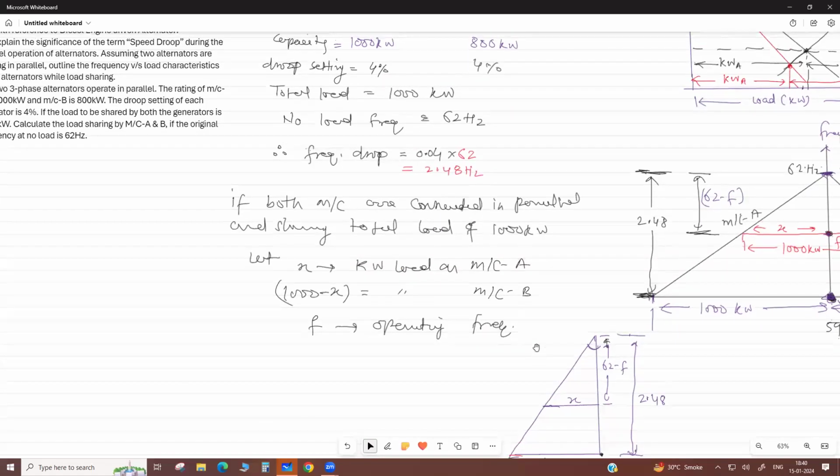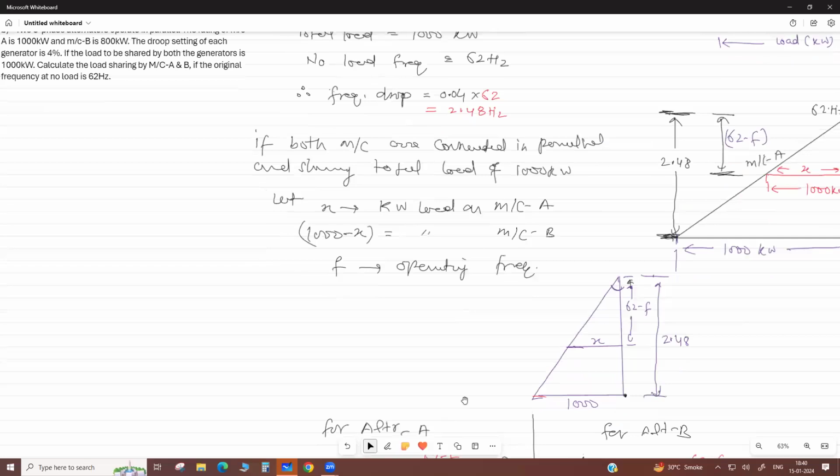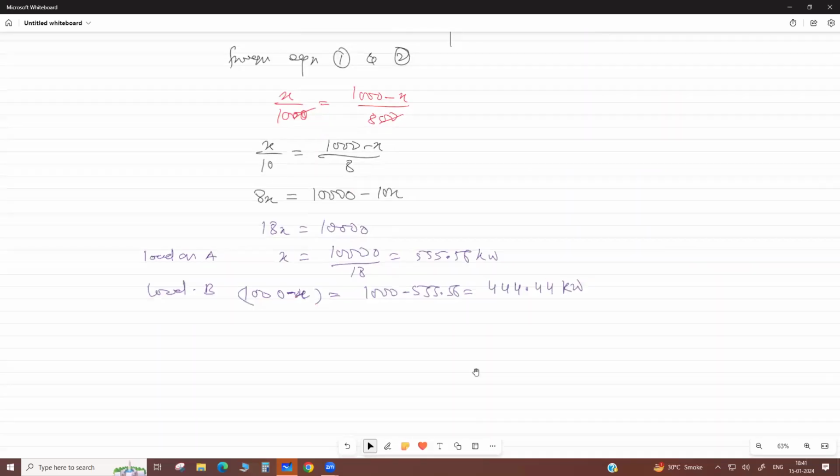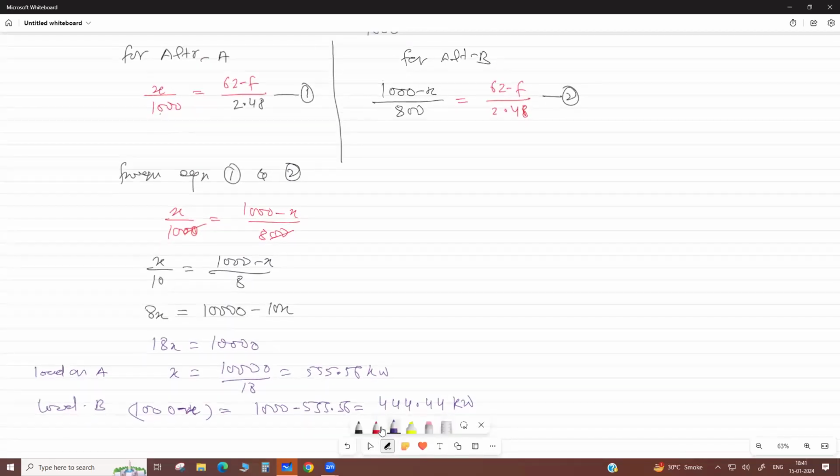You can tell this. If they ask frequency, in this question they did not ask, but they can ask what will be the system frequency, क्या होगी. Then in any equation, either 1 or 2, you substitute the value of x. By substituting the value of x here, you can calculate from this or either from this.